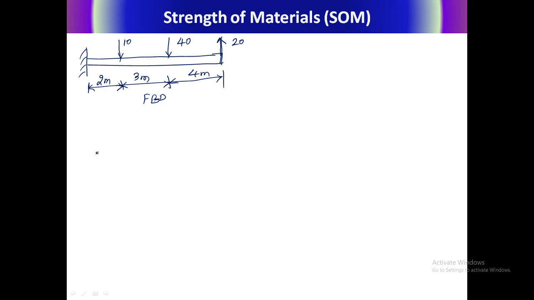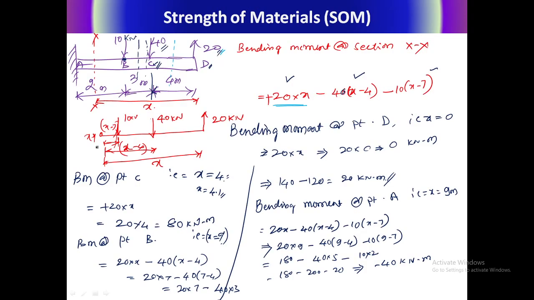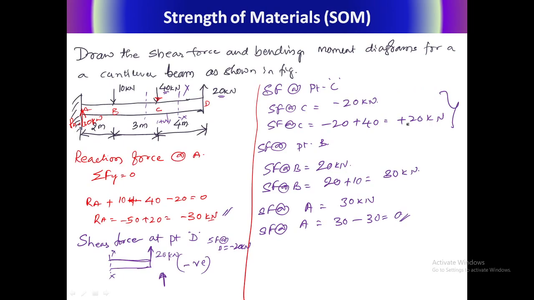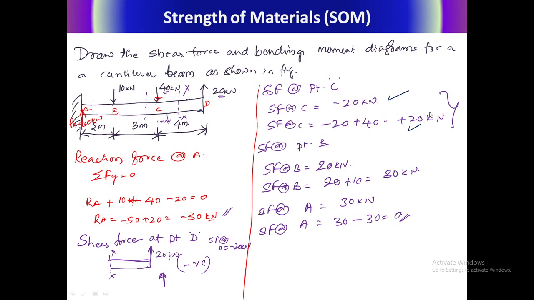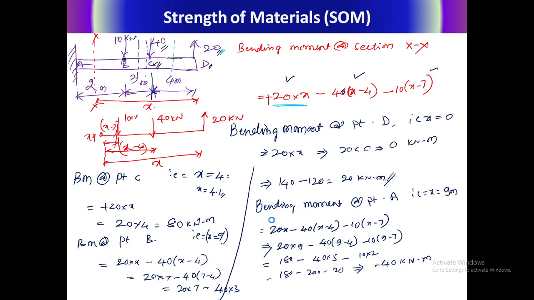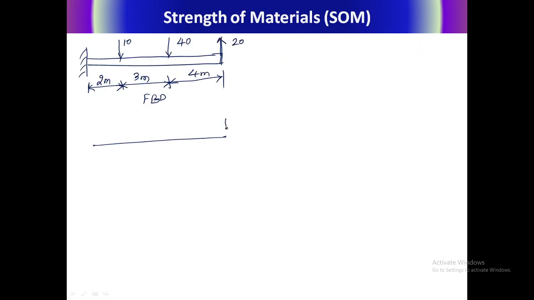Now I'll go for drawing the shear force diagram. Okay, shear force diagram. So now the shear force here is minus 20 kilonewton. Minus 20 kilonewton, okay. At point D it is also minus 20 kilonewton.